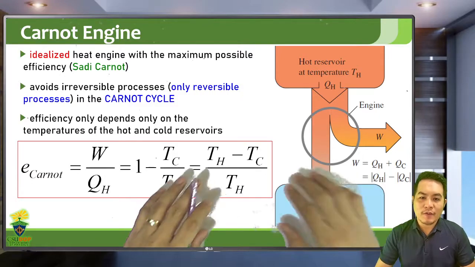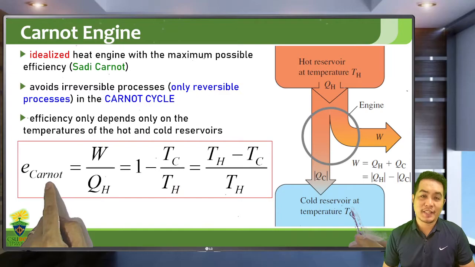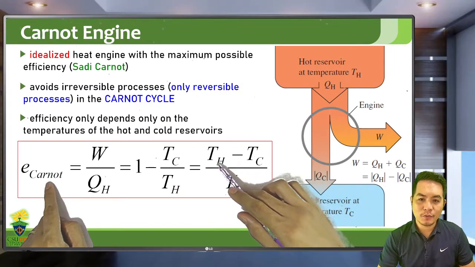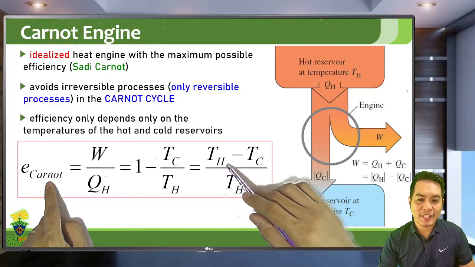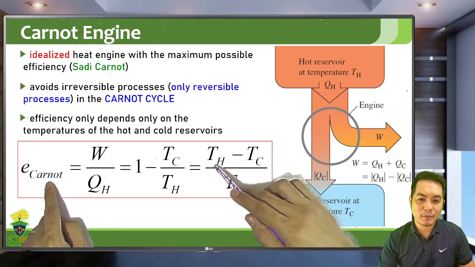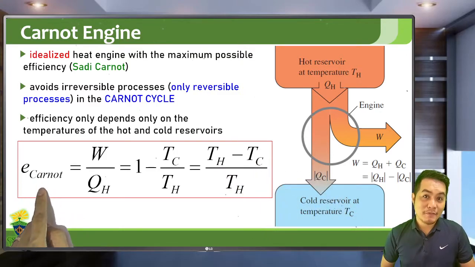From this equation alone, we can see that in order to maximize the efficiency of a Carnot engine, you just have to maximize the difference between TH and TC. If the difference between the hot region and the cold region is very large, then you will have a very efficient, high efficiency Carnot engine.